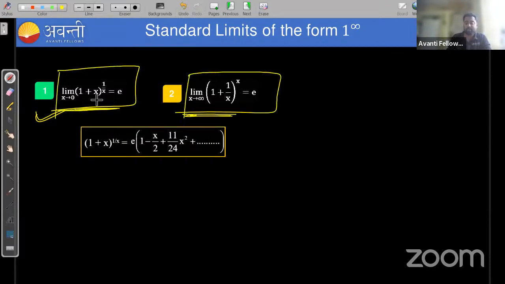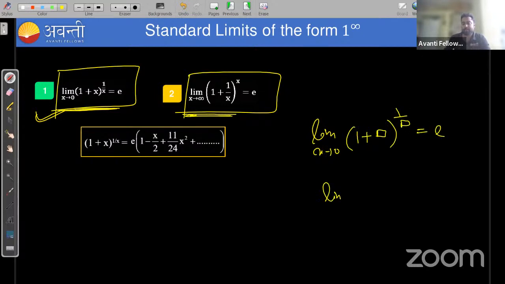In general, limit as box tends to 0, (1 + box)^(1/box) is equal to e. Then limit as box tends to infinity, (1 + 1/box)^box gives you e. So both the limits give you e.